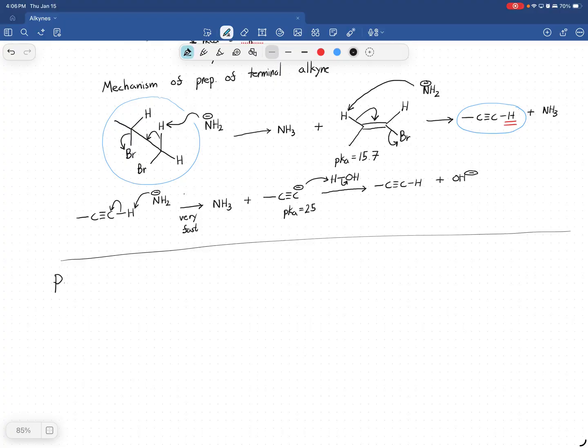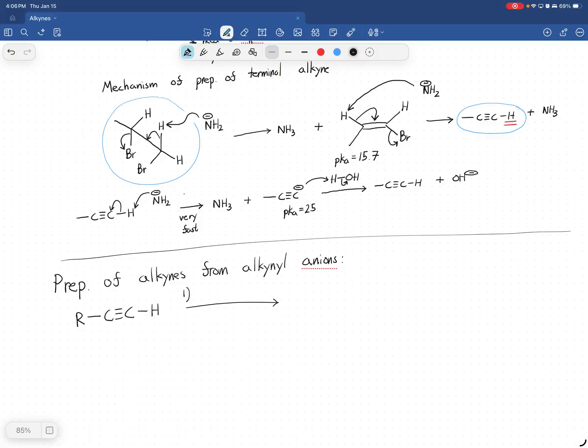So let's prepare, preparation of alkynes from alkynyl anions. Okay, so we have our R group, C triple bond C, H. So we use a couple things here.